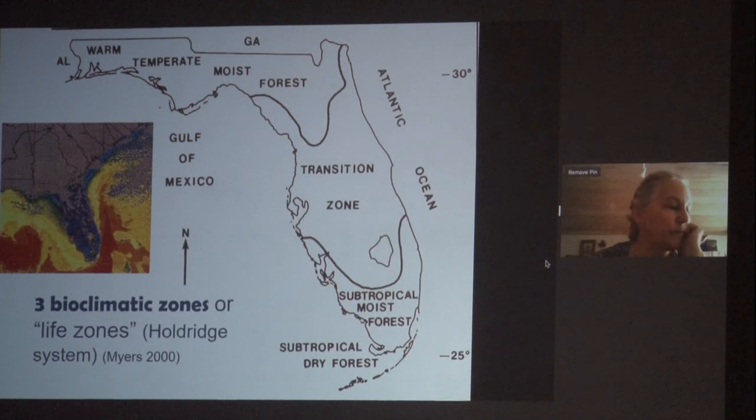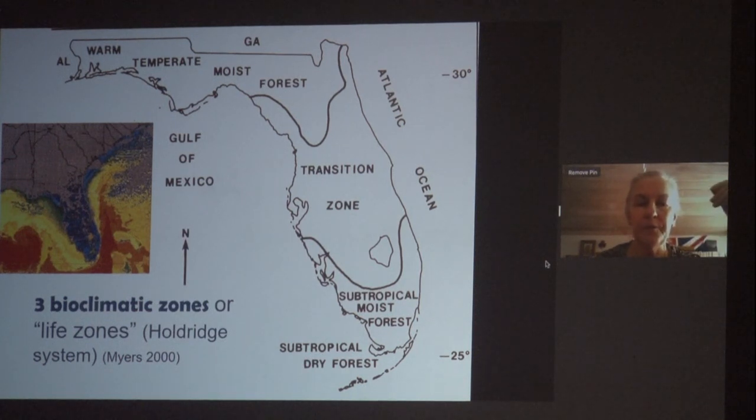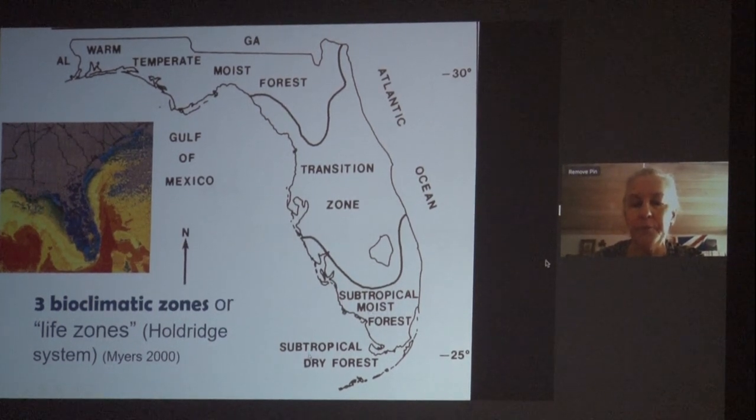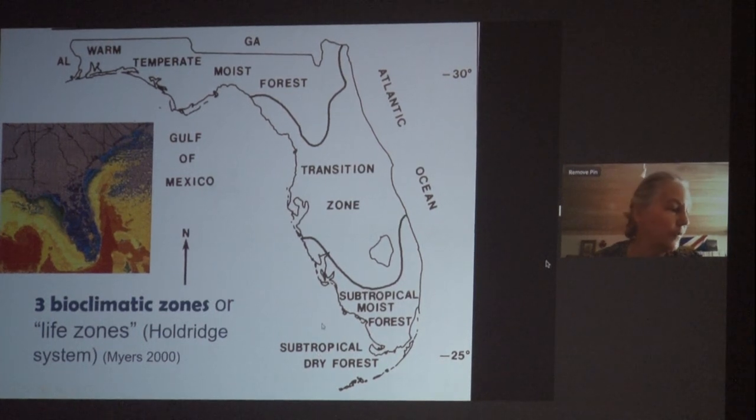That latitudinal transition is expressed in the vegetation, as you see here, focusing on the Holdridge life zone system, for which 3 bioclimatic zones have been described for Florida, spanning the more temperate moist forest through a transition zone to subtropical moist forest and into subtropical dry forest.